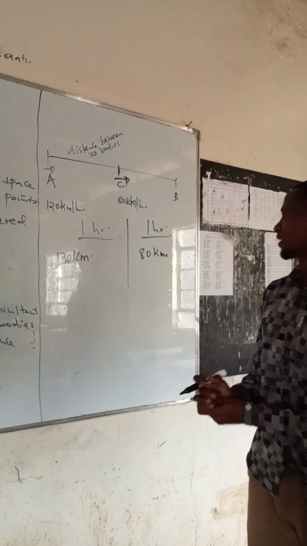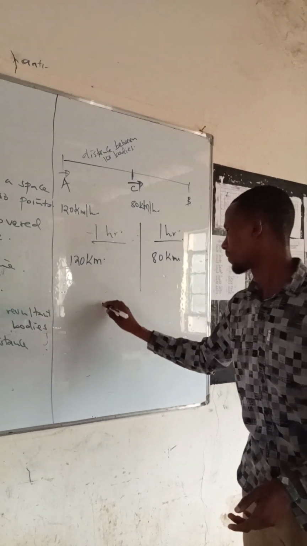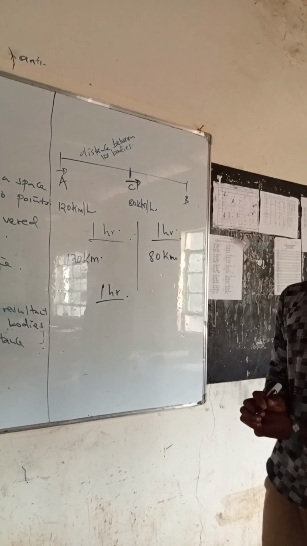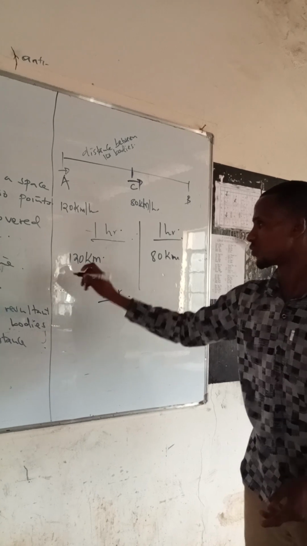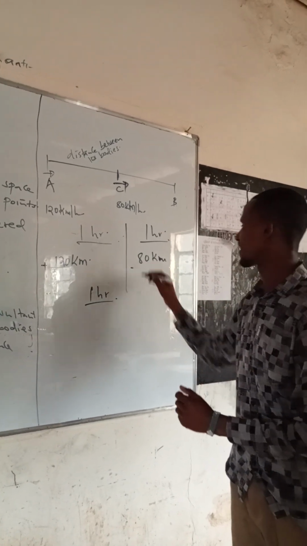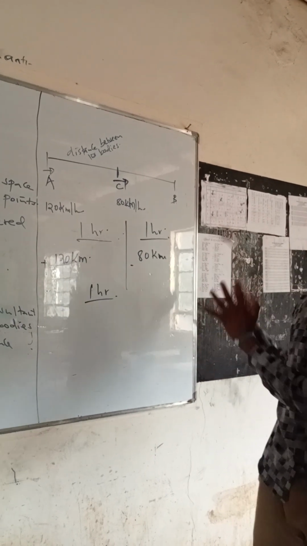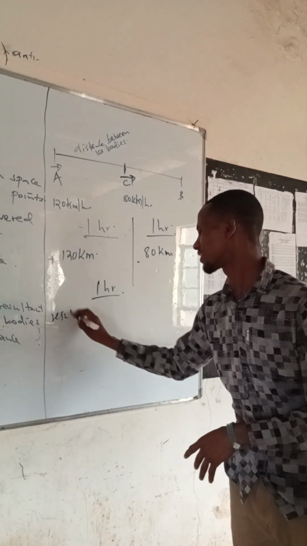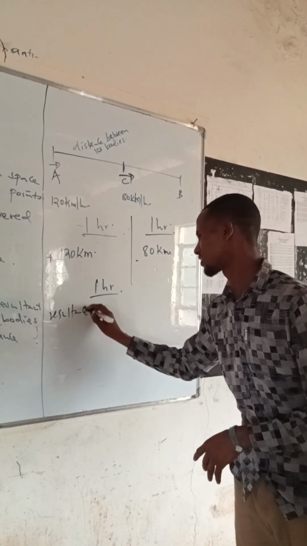So it means that in 1 hour it will be a comparison of this. You can take this to be positive because it is reducing the gap, while this one is negative because it is increasing the gap. So in 1 hour, we shall see the resultant distance covered.